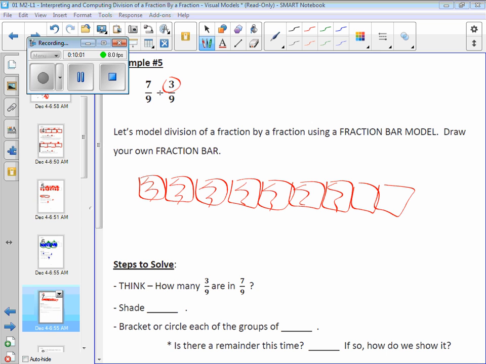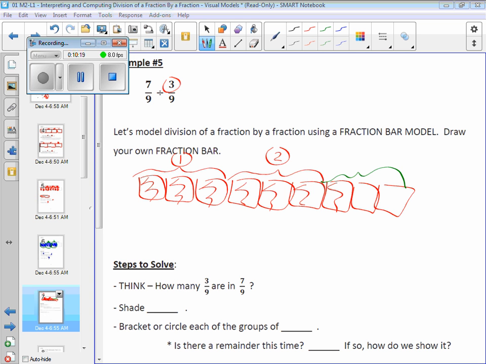So watch what happens. There's my first group. I have 2 complete groups. I don't have a complete third group, do I? Okay, here's where some of you made your mistake. I'm going to bracket it anyway.